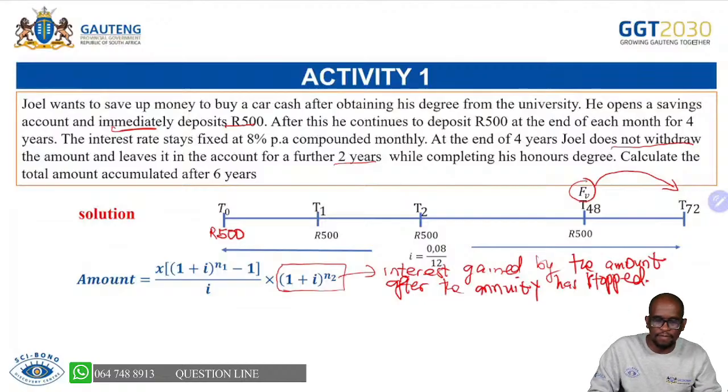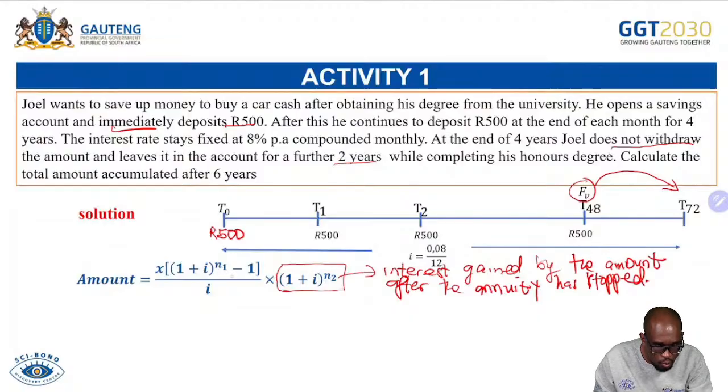After the annuity has stopped, there was interest on that amount. So this is the formula that we are going to use, where N1 represents the number of payments that were made, and N2 represents the duration with which the amount stayed in the account after the annuity has stopped.